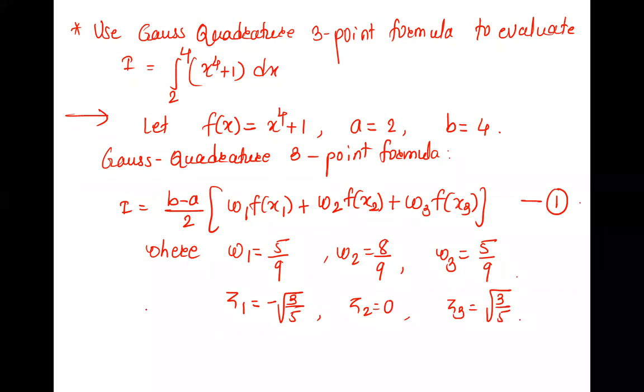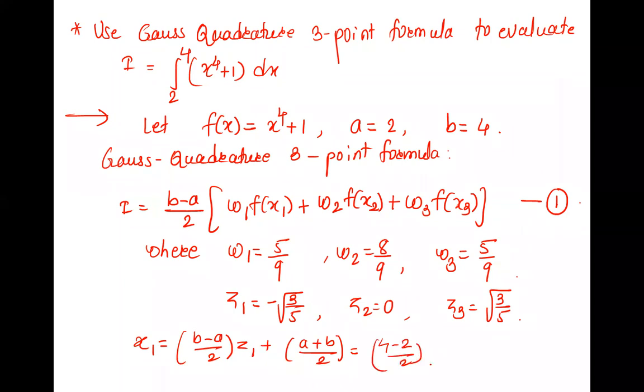Now we need x1, x2, x3. What is the formula for x1? (b minus a) by 2 into z1 plus (a plus b) by 2. Solve it. B is 4, a is 2. So (4 minus 2) by 2 into z1, which is minus root 3 by 5, plus (2 plus 4) by 2.